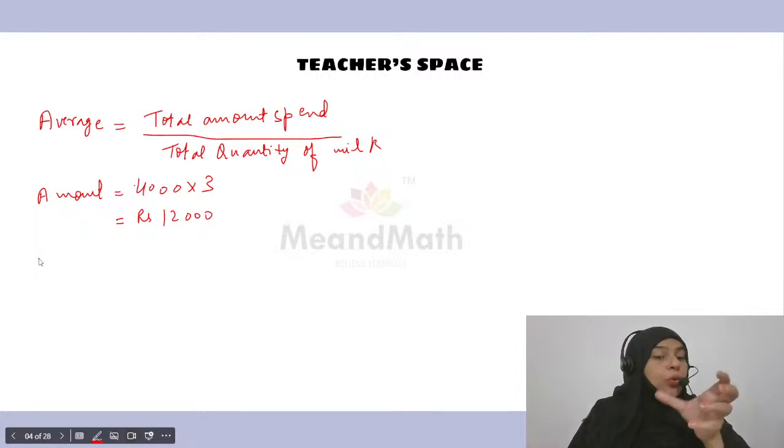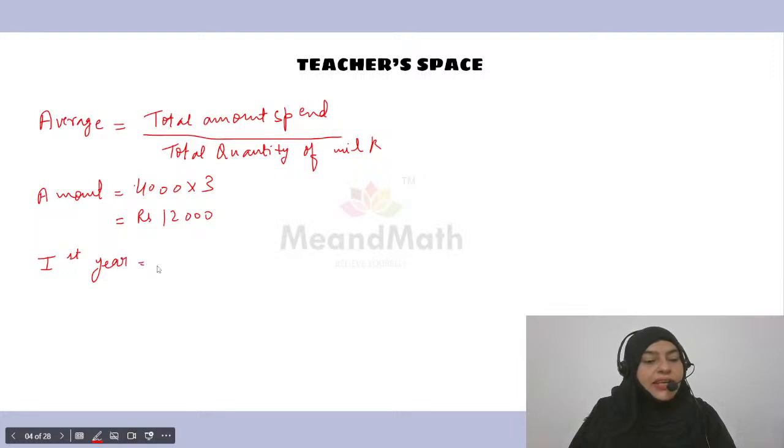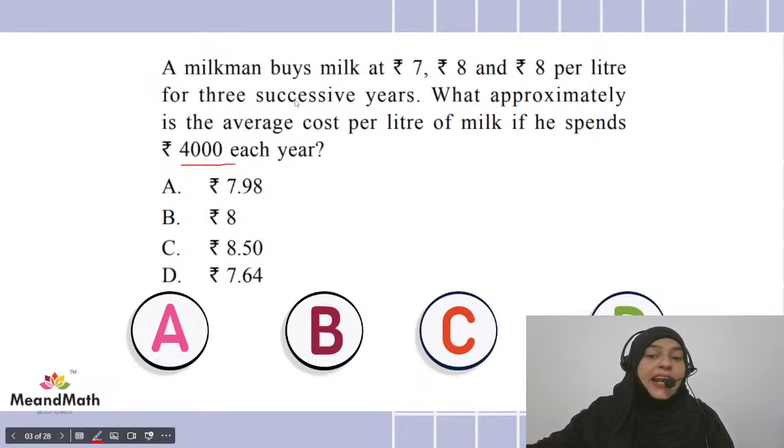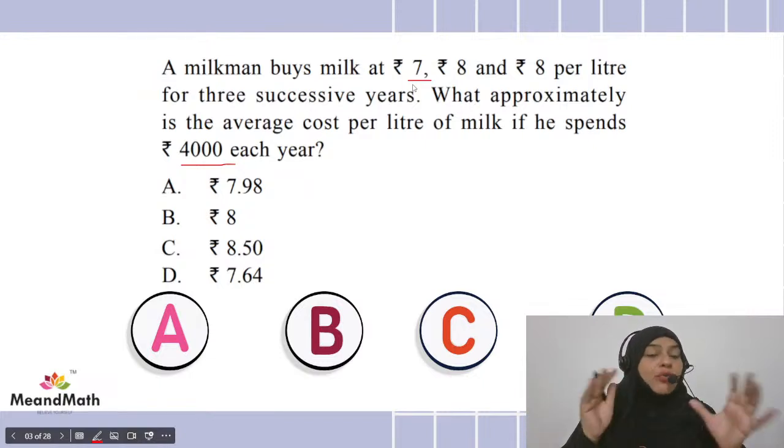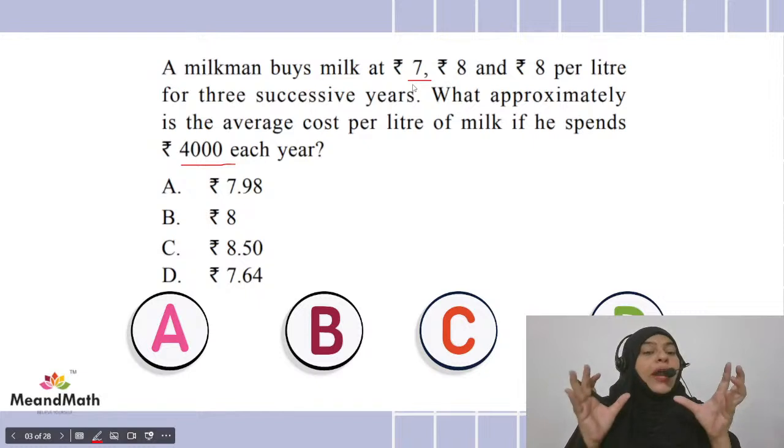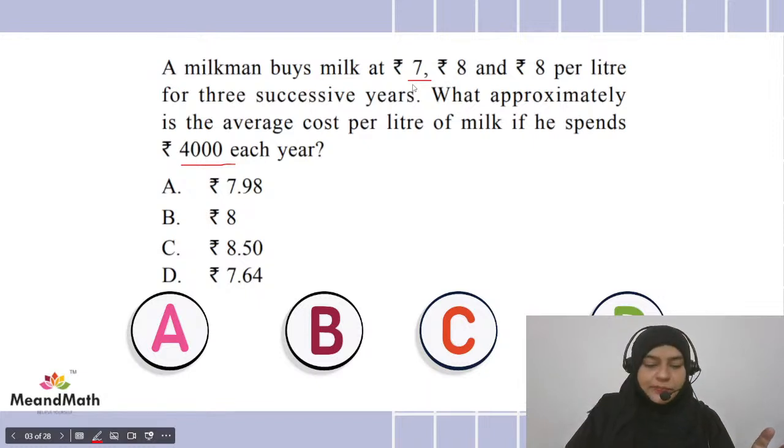So to find the total quantity of milk, in the first year, how much milk did he buy? They are saying rupees 7 per liter. It means if we divide 4,000 by 7, we will get the total quantity of milk in the first year, right?